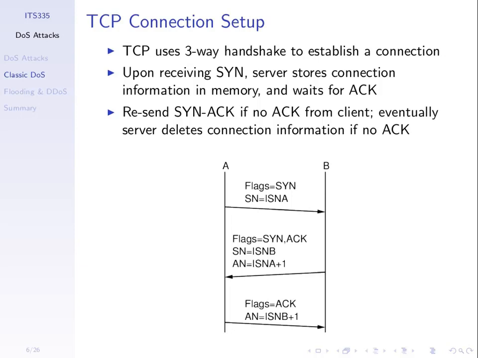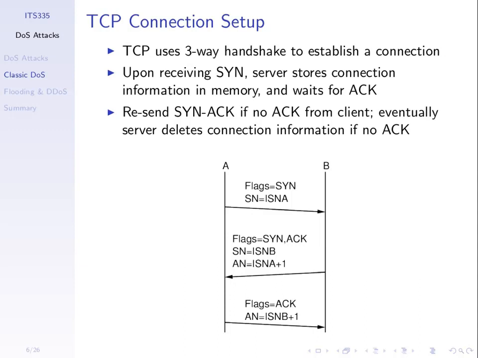The client says, I want to start a connection with you. When the server gets that first message, it will store some information saying who the client is, the IP address and port number, and maybe even allocate some memory for the upcoming data transfer, some buffer space. If it's going to use flow control, then it's going to need some buffer space.